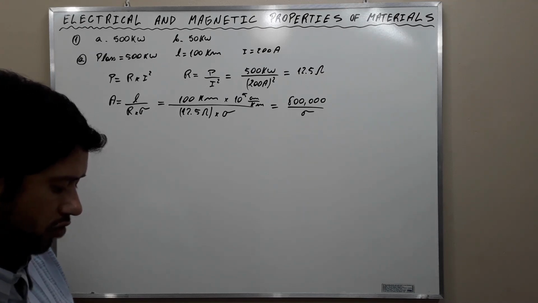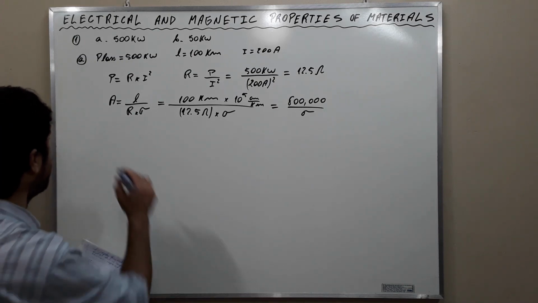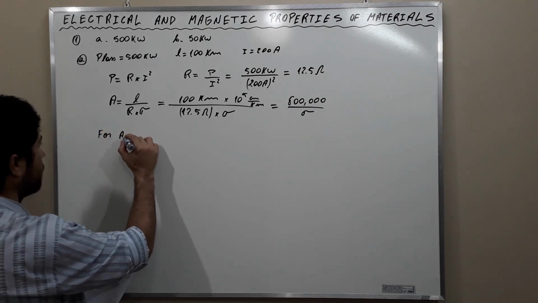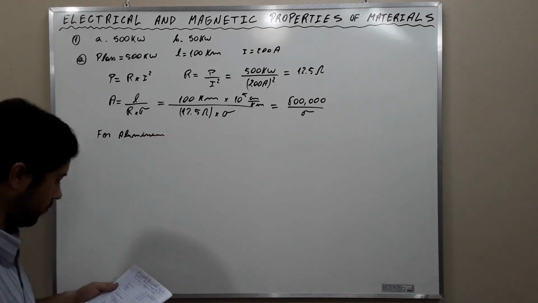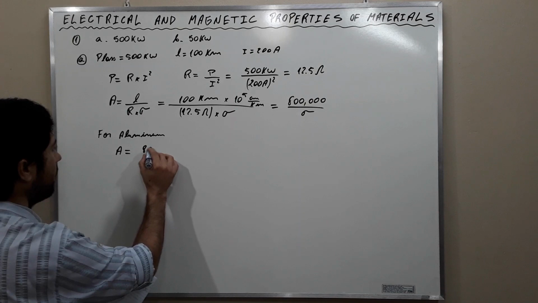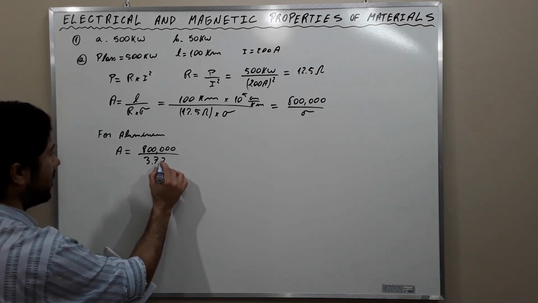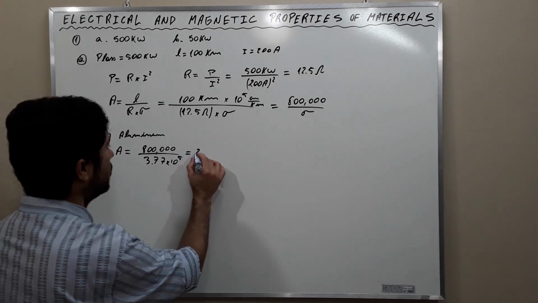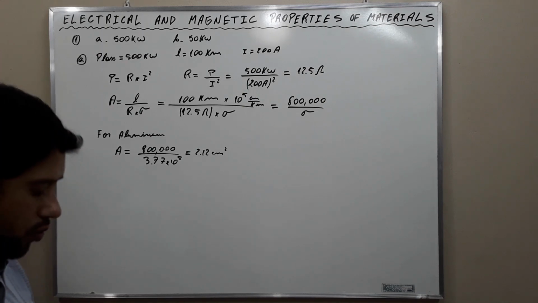If we use these values of conductivity for each of the materials, we're going to get that for aluminum, the cross-sectional area is going to be 800,000 divided by 3.77 times 10 to the fifth, and this gives 2.12 square centimeters, okay?